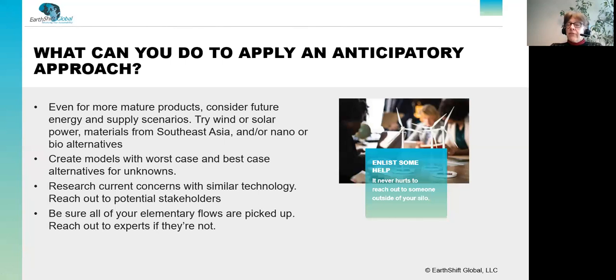So even for mature products, you may want to look at what the future is going to be. What is the future energy mix going to be? What are your suppliers going to be doing? Where are your suppliers going to be? Let's anticipate future changes.